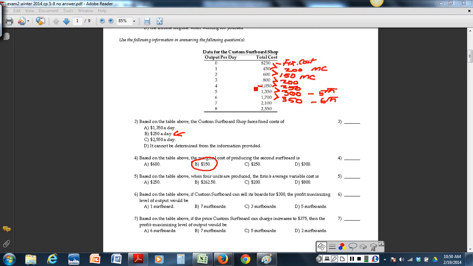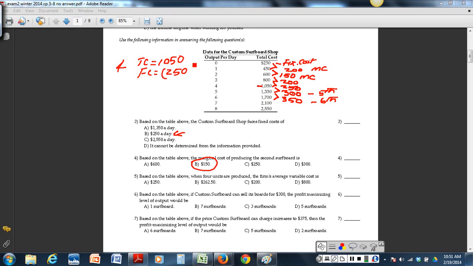That includes the fixed cost. So what is my variable cost? Well, total cost is $1,050 and my fixed cost is $250 from here.